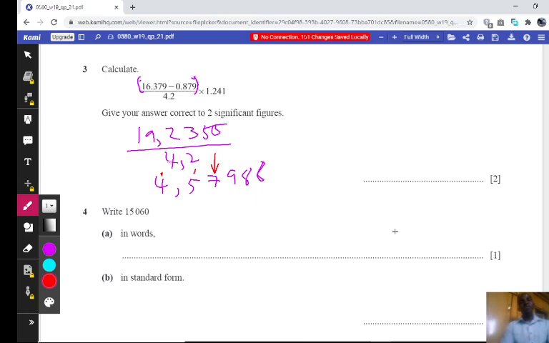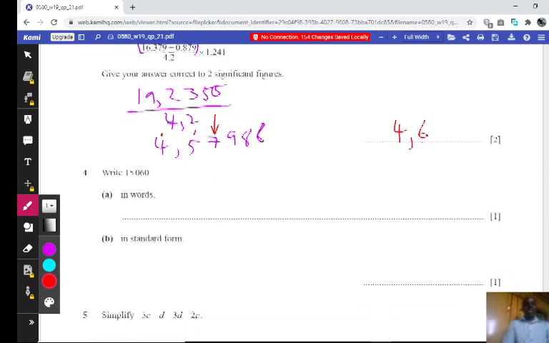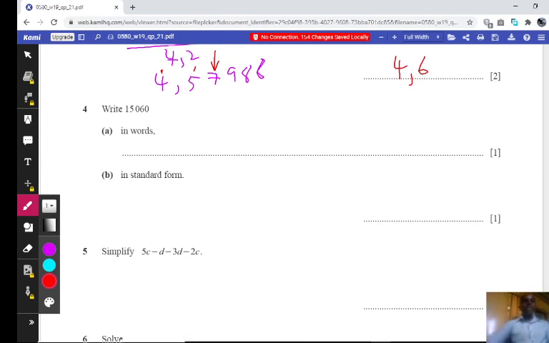If it's below 5, you don't add anything to the number before it. But if it's 5 and above, you add 1 to this number. So this one is 7, more than 5. You are supposed to add 1. So it will be 4.6. This will be your final answer. You're done. Right, next question.